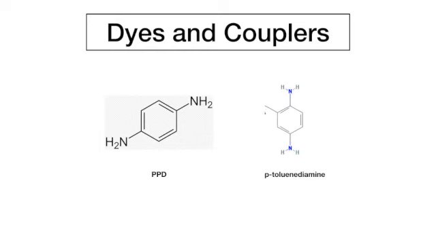In the p-toluene diamine, you connect another arm over here, or possibly to the ends, but on the PPD you don't have that extra arm extension. However, they both still require a patch test. So even though you're not using PPD in a formula, it's almost the same color formula that you're using.